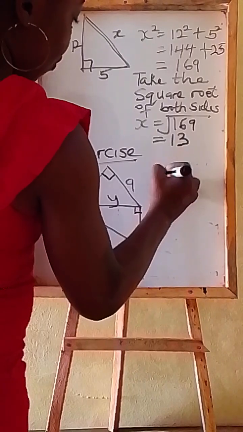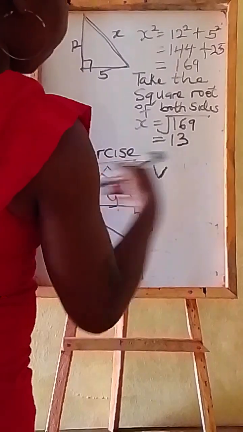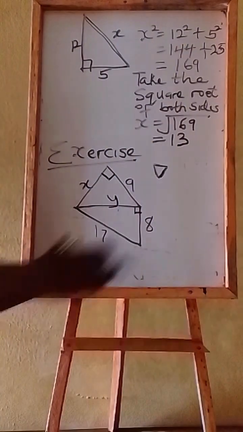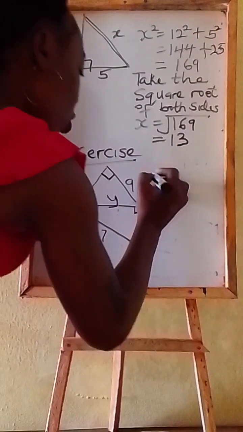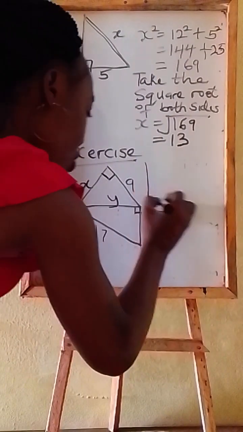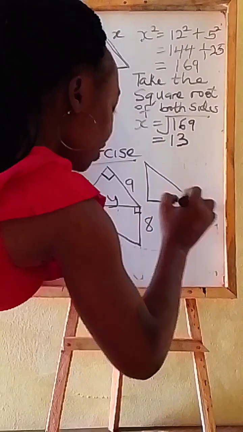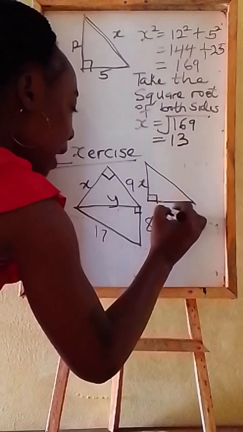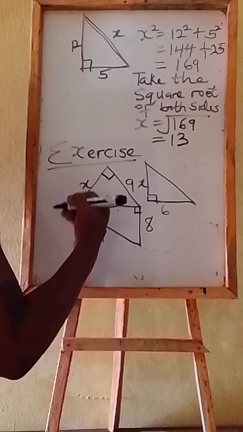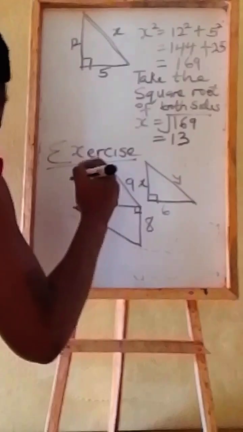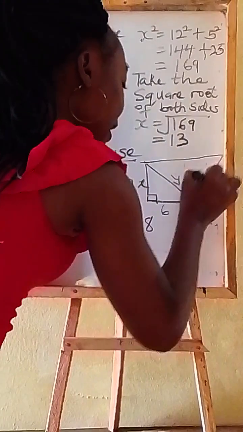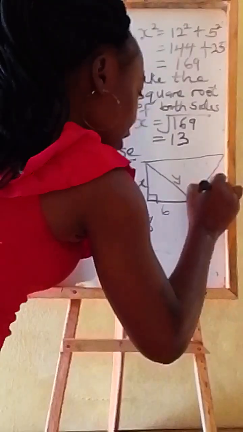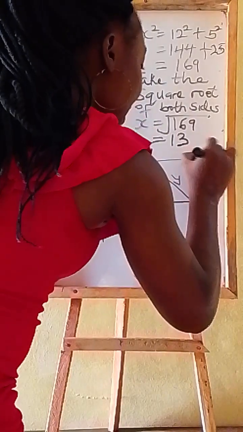Wherever the square faces is what we call the longest side.